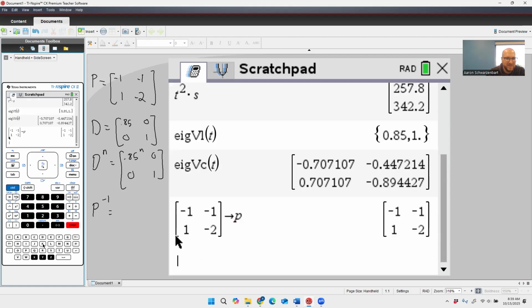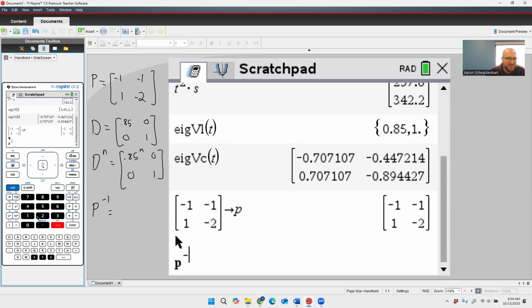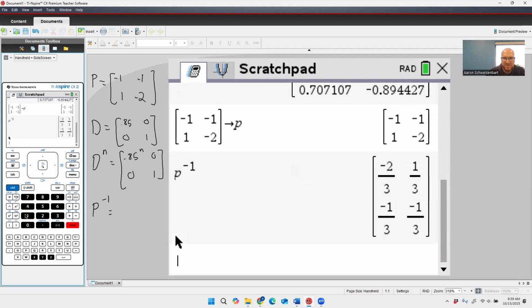Now we'll do P to the -1, which gives me P inverse, and that is correct. So my diagonalized matrix is to the n, but it doesn't really matter because it's 1.